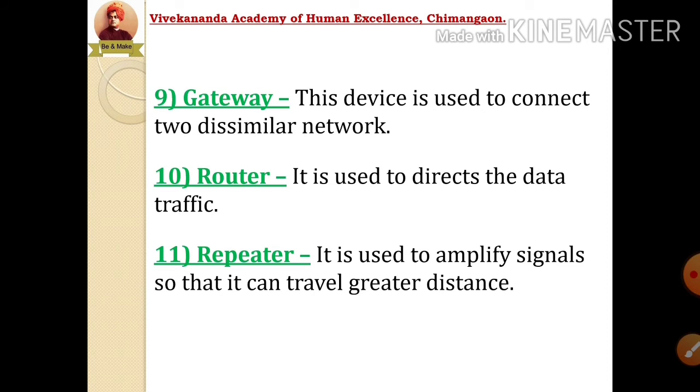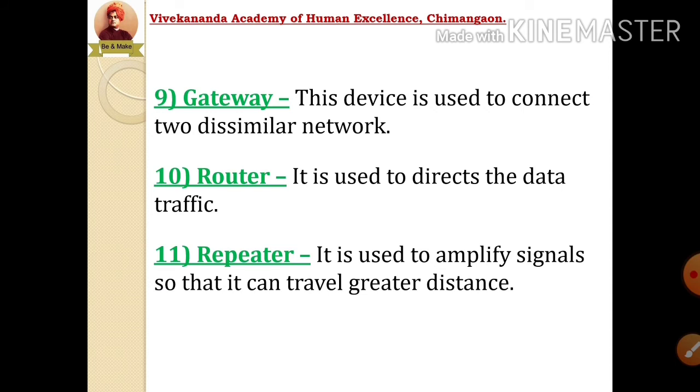The signal will become weak after traveling a certain distance. So to avoid this, repeaters are used at certain intervals so that the data signal will travel a greater distance but with the same strength. So for that purpose we are using the repeater.